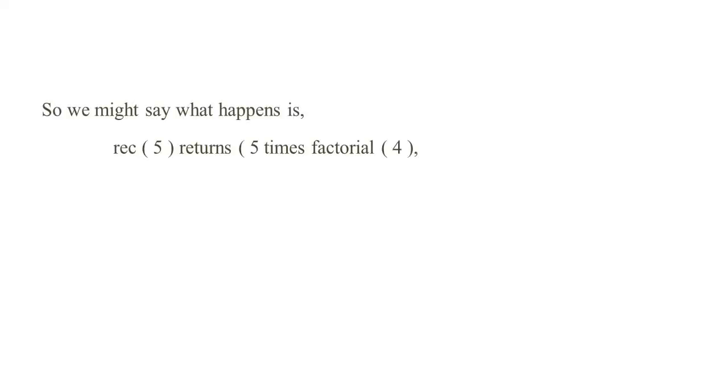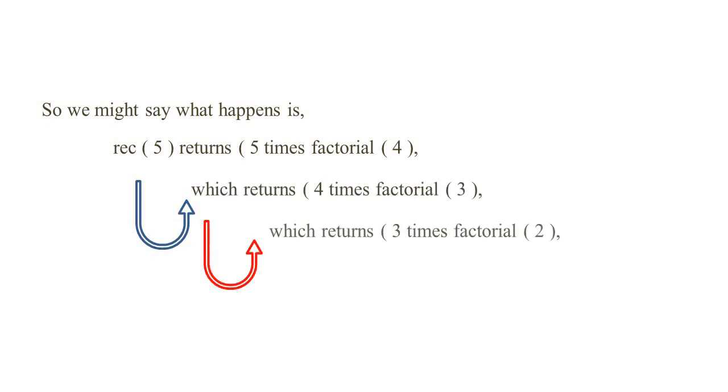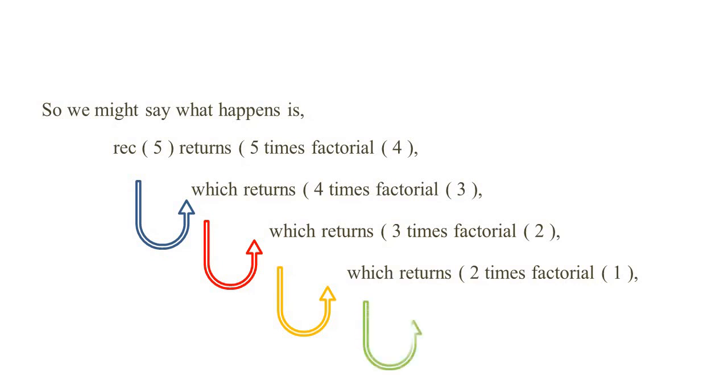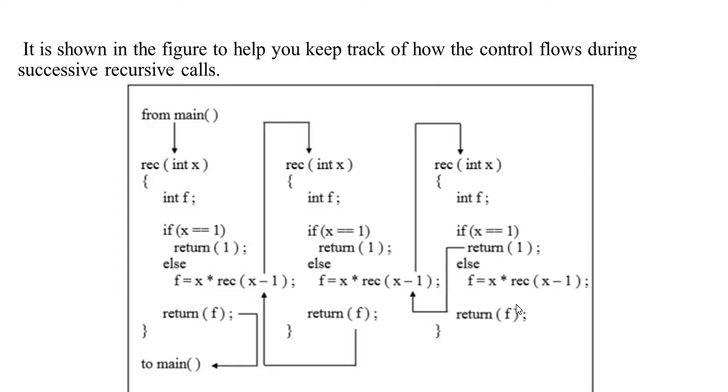Over here you can see the flow of this function execution. We have already seen this, so 5 multiplied by 4, and this will return this and this. This is another representation of the factorial recursive call.